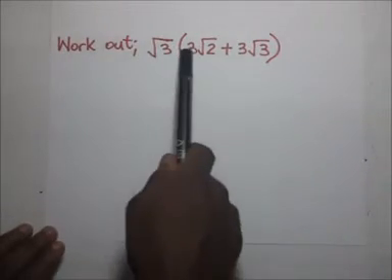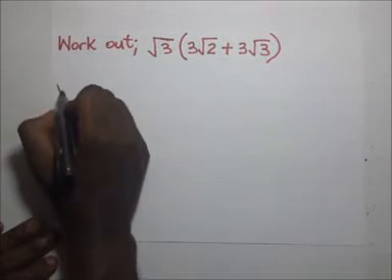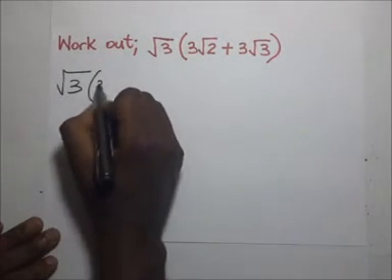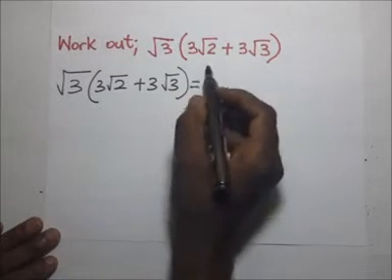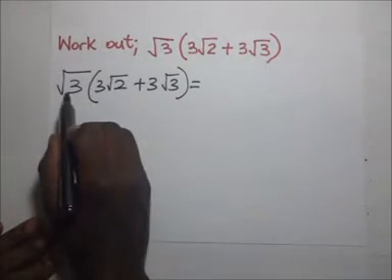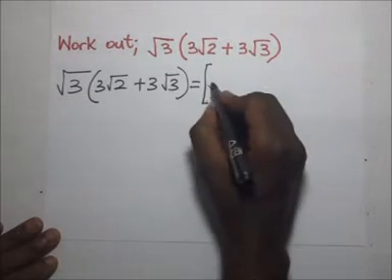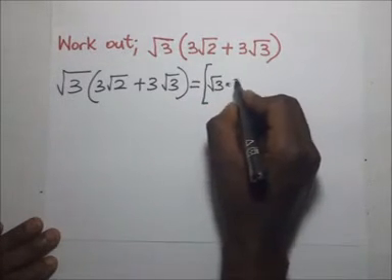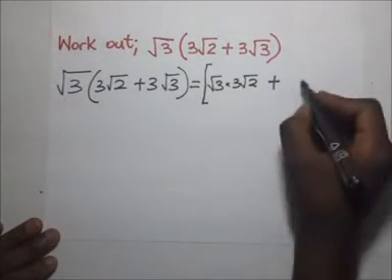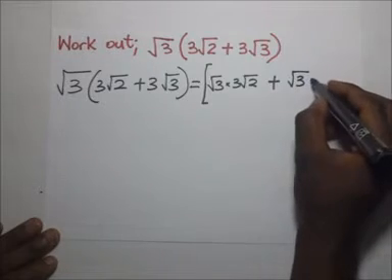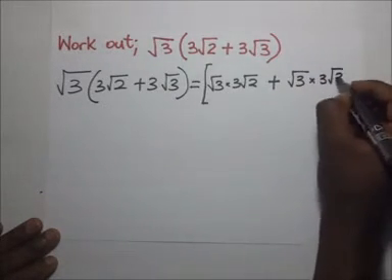Now in our illustrations we are required to work this out. So square root of 3 into 3 root 2 plus 3 root 3 is going to be equal to, so we open brackets, square root of 3 times that, so this is going to become root 3 times 3 root 2, plus root 3 times 3 root 3.